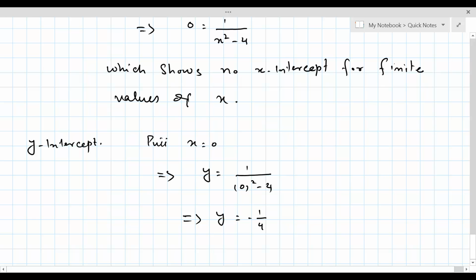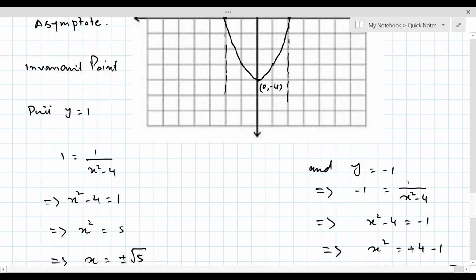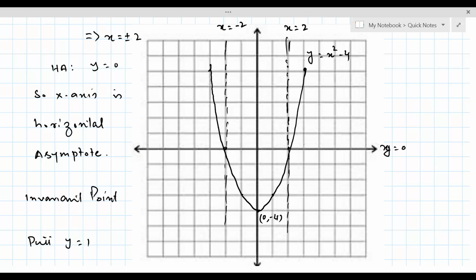And now let's draw the graph, and the graph is going to be like this, because here this is invariant point under root 5, 1, and this is invariant point minus under root 5, 1.